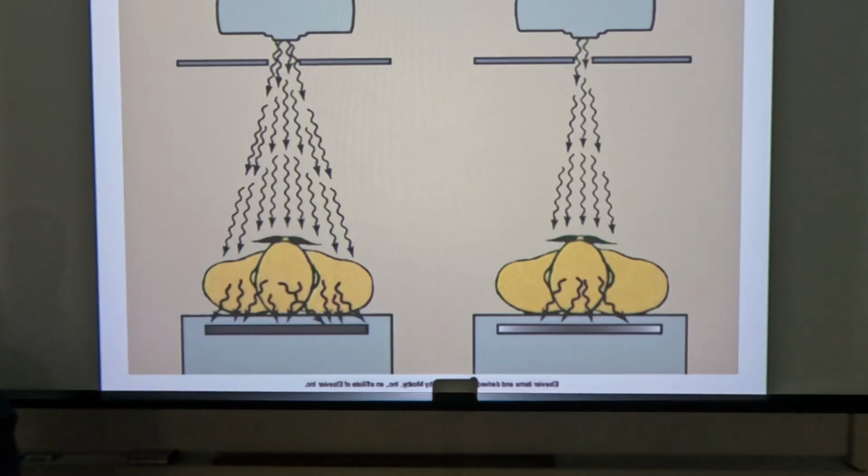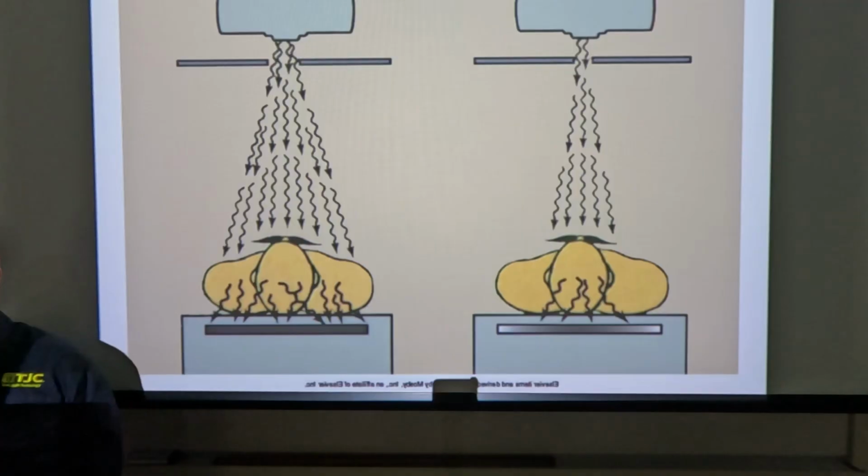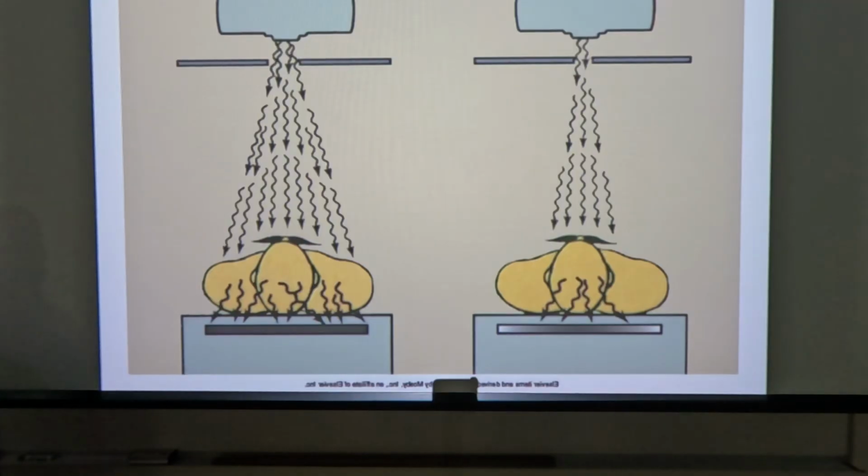So how might that affect your contrast and density? It might. How? Well, I don't know. It depends on your system. But it can actually, in that case, affect your contrast and density.